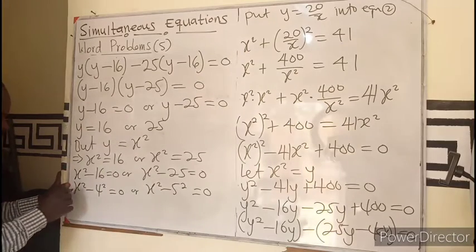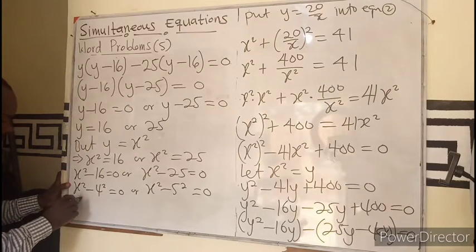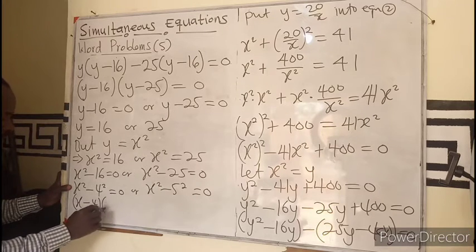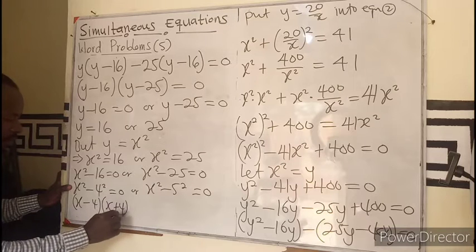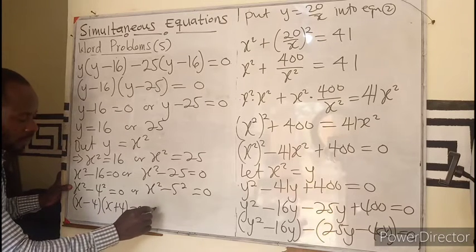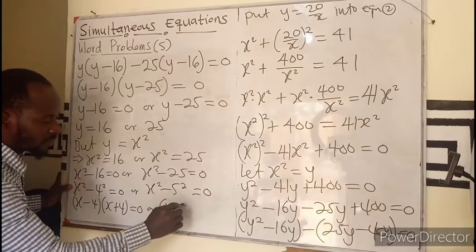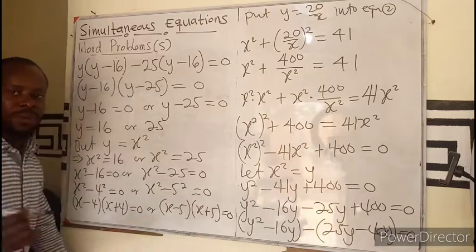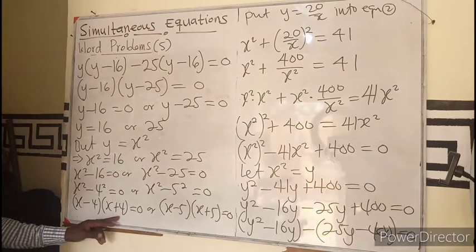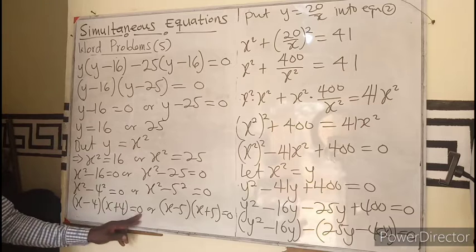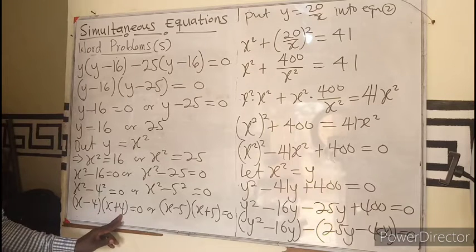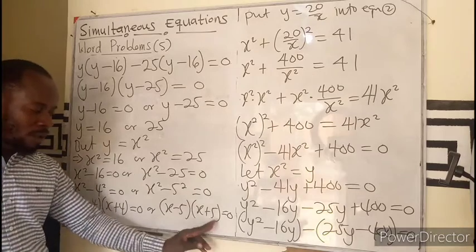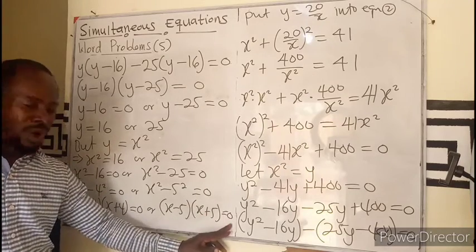So from this will be x minus 4, x plus 4 equals 0, or x minus 5, x plus 5 equals 0. So in this case, I'll have two answers: x equals 4 or x equals negative 4, x equals 5 or x equals negative 5.